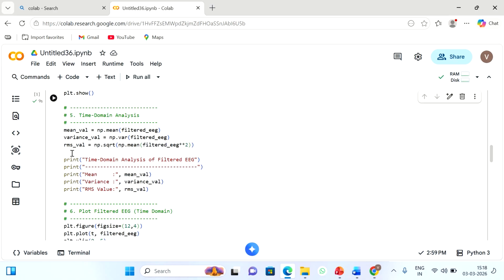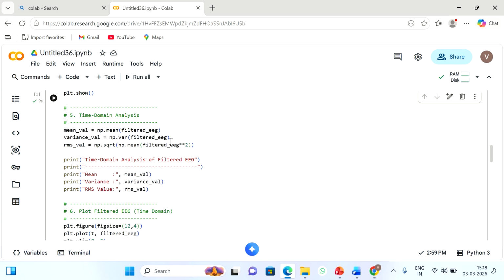And then rms_val is equal to np.sqrt(np.mean(filtered_EEG**2)). What is the meaning? RMS gives the effective power of the signal, that is the root mean square value, and this is the formula: RMS equals square root of 1 by N times the sum of x squared.